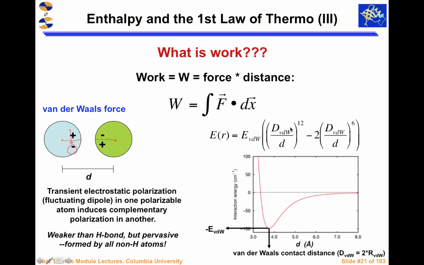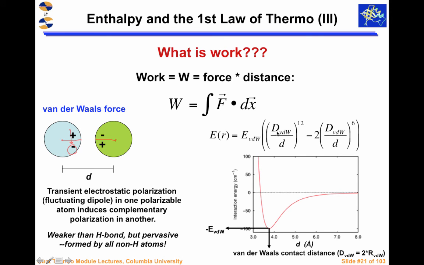Obviously, if the ratio is greater than 1, the 12th power dominates the 6th power, and you get the positive, unfavorable, repulsive interaction energy. The repulsive terms dominate as you go up to positive energy.